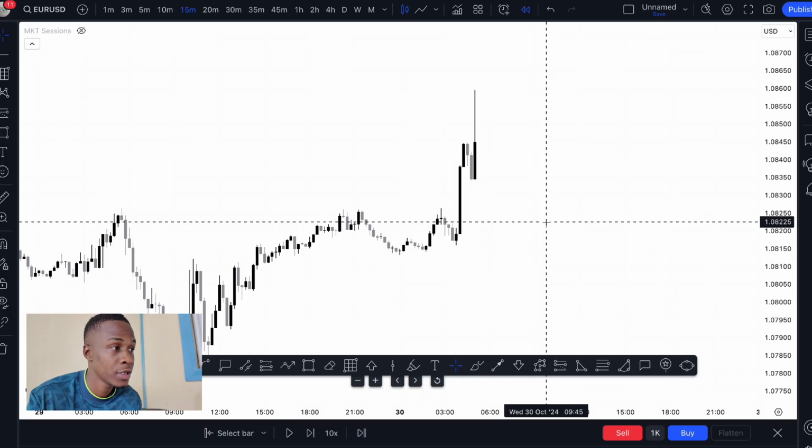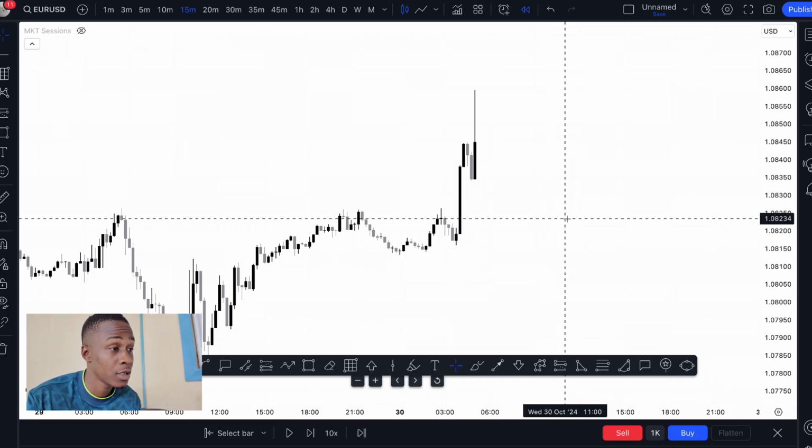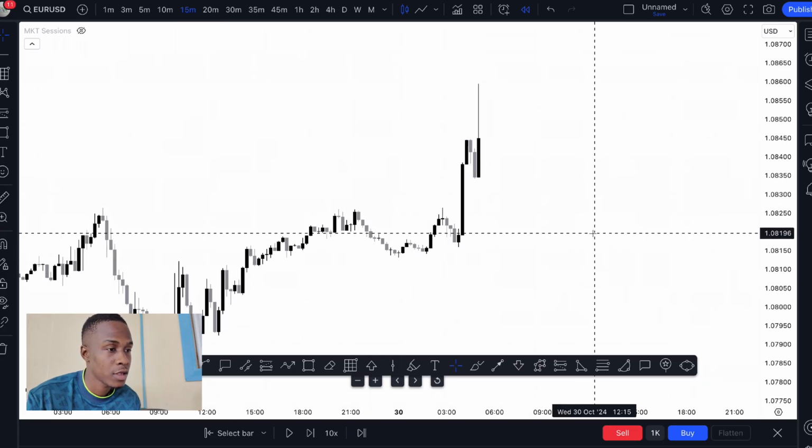Alright, so I normally trade the London and the New York session, but this trade was caught inside the New York session.